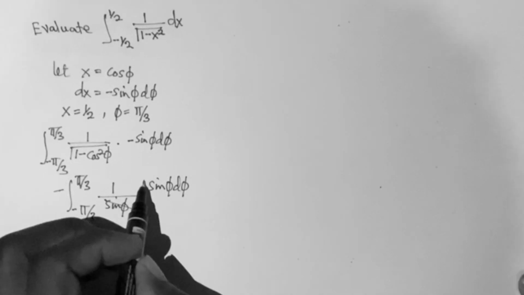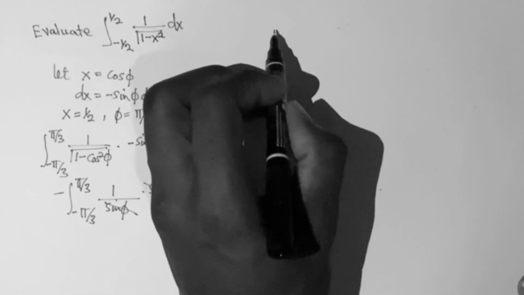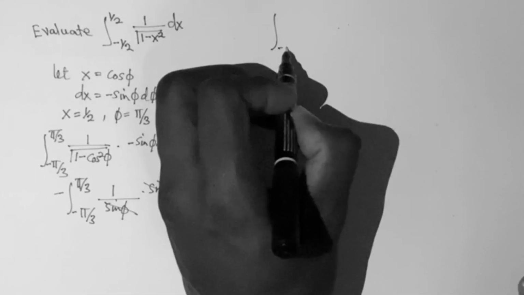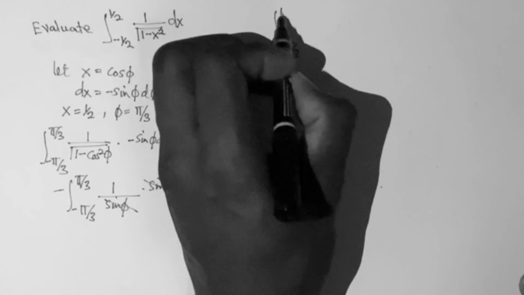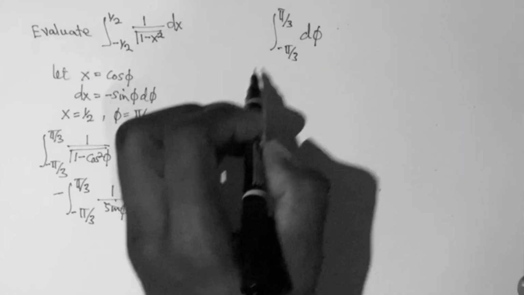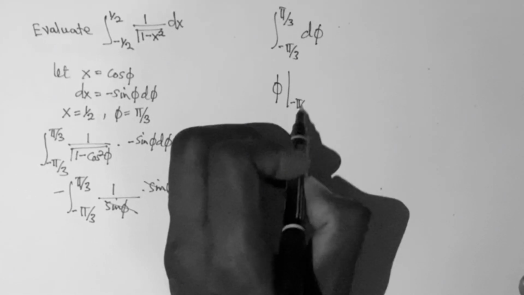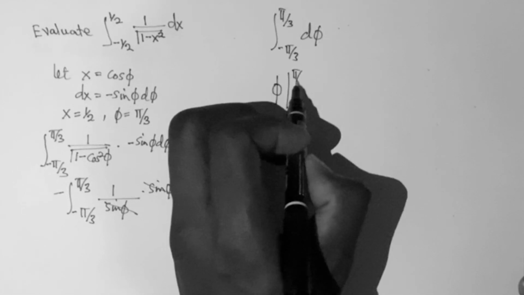So this sine phi d phi can cancel this one out. So we are going to be left with the integral from minus pi over 3 to pi over 3 of d phi. And if you integrate d phi, you get phi evaluated from minus pi over 3 to pi over 3.